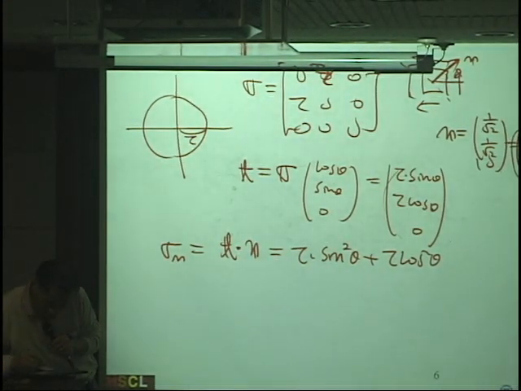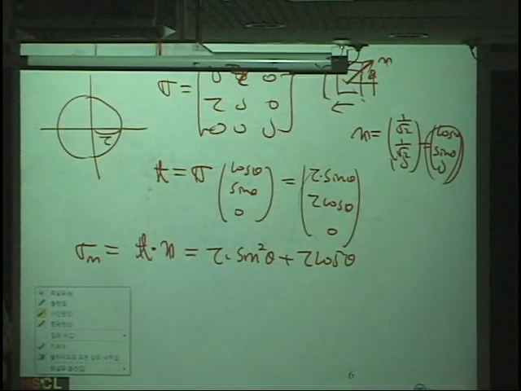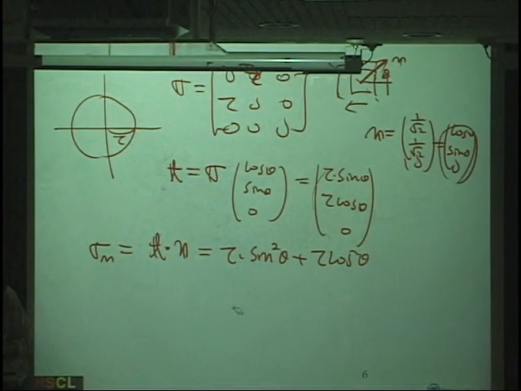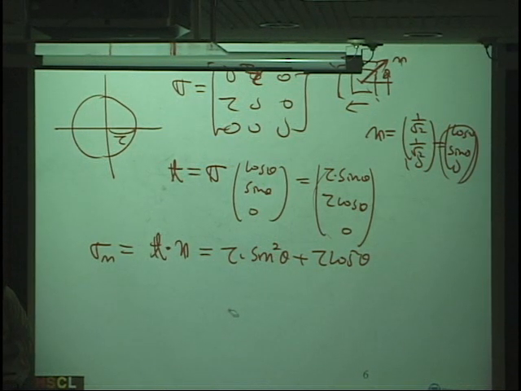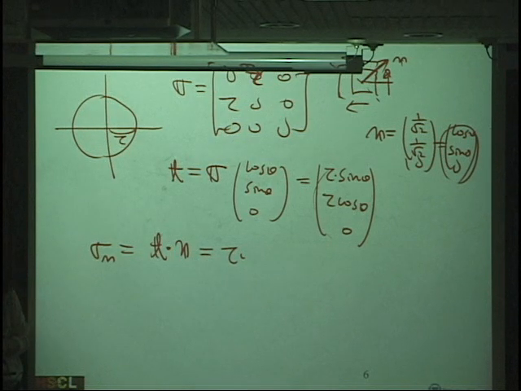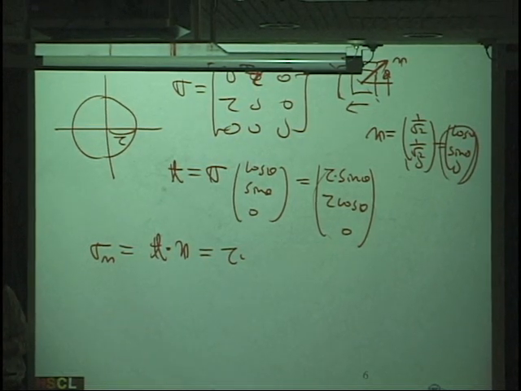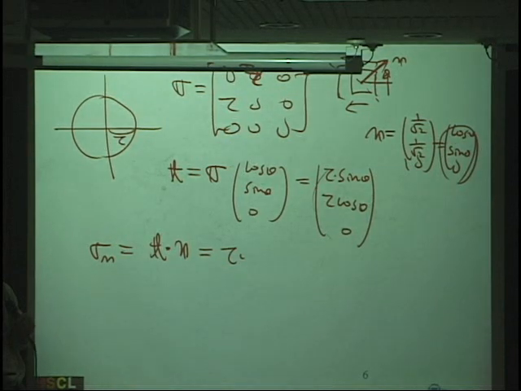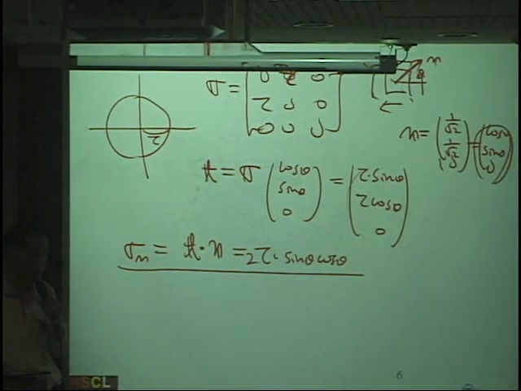No, sorry, this is the cosine theta. This is cosine, and this is sine. So sine theta cosine theta, and twice. That is the normal stress.